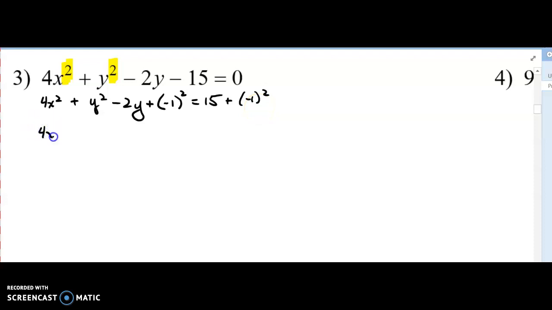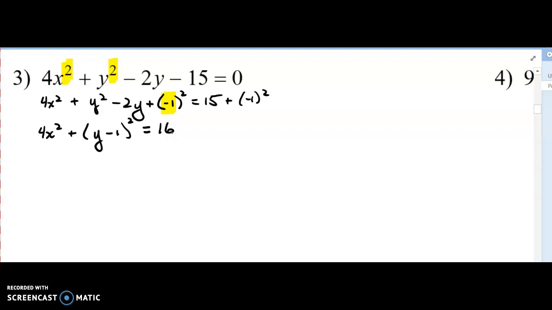All right, so again, nothing to square with my 4x squared term. And then my y's become y minus 1 squared. You see how I just took this minus 1 and it comes right down here. I don't have to worry about it. And then on the right side, that's going to be 15 plus 1 is 16.